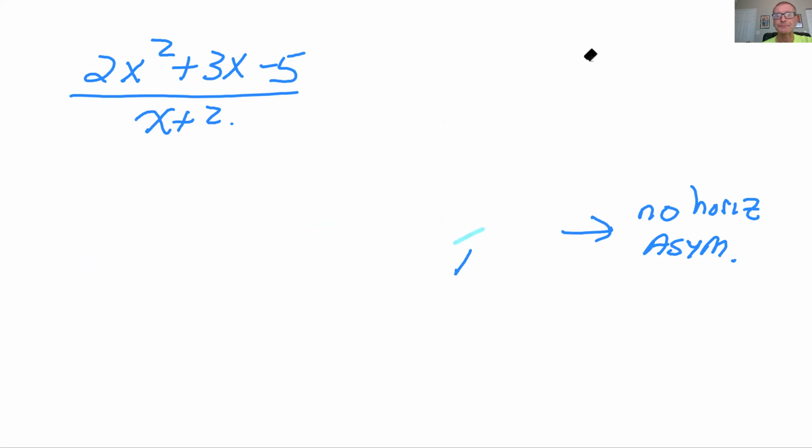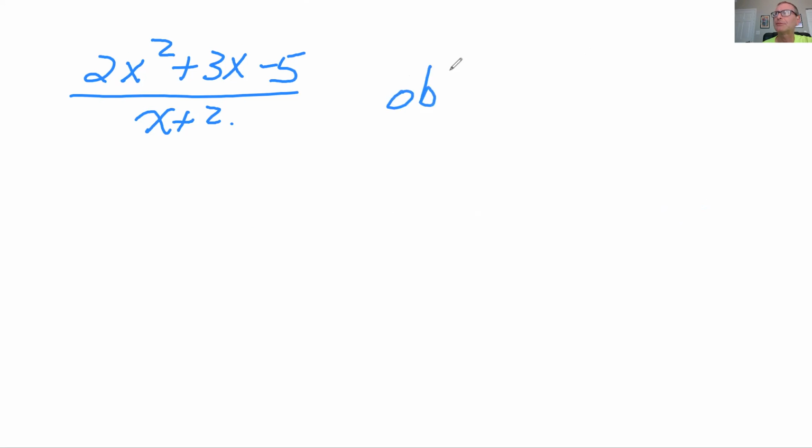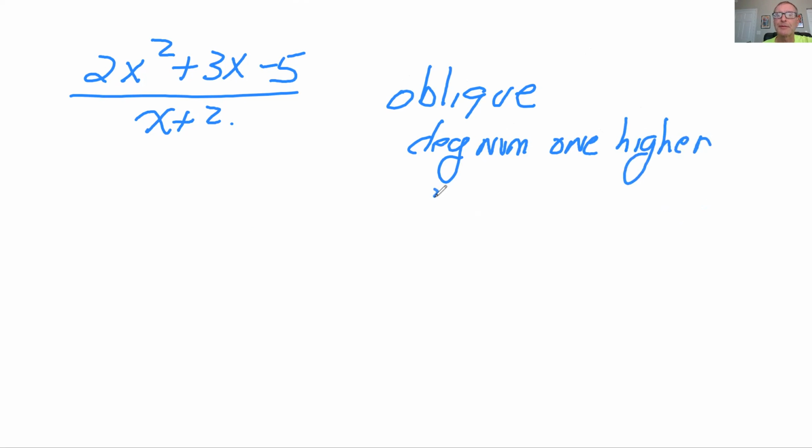But the only time you can get what's called an oblique asymptote, which is again the equation of a line, is when the degree of the numerator is 1 higher than the degree of the denominator. So in this case, the degree of the numerator is 2, the degree of the denominator is 1. So here we actually do have an oblique asymptote.